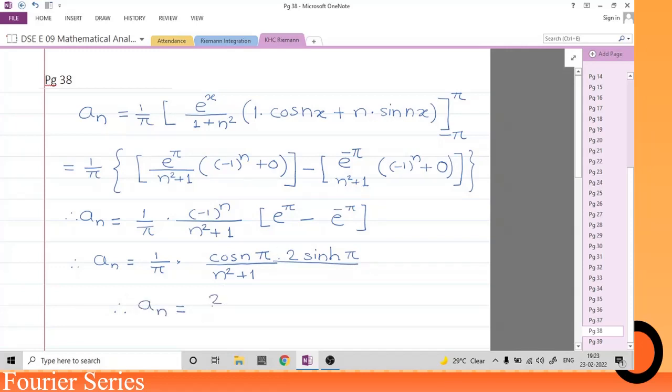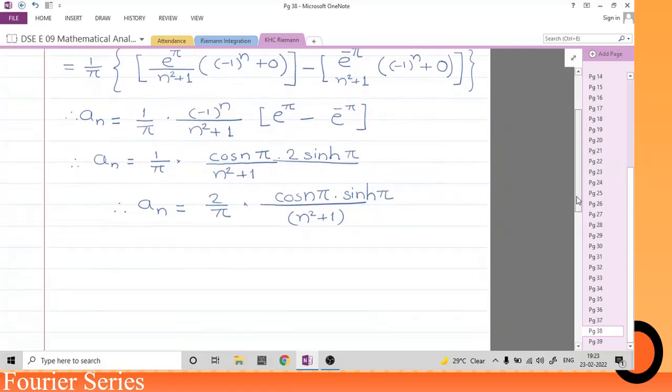Constant first, 2 upon pi, then the remaining terms containing n. Denominator n square plus 1, and at the numerator cos n pi multiplied by sine hyperbolic pi. This is the required value for an.